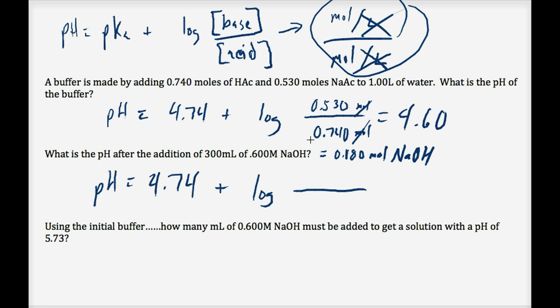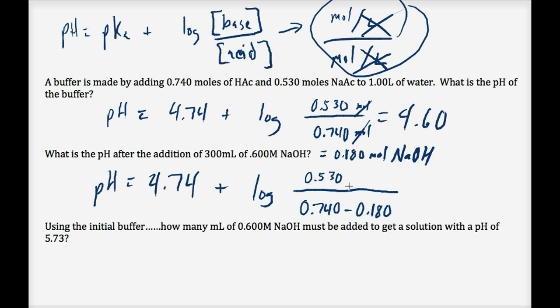So what I'm saying is, because I'm adding a base, it consumes the acid. So my acid was 0.74 moles, but now it's going to be subtracting the 0.180. And on the flip side, the base is going to get larger.